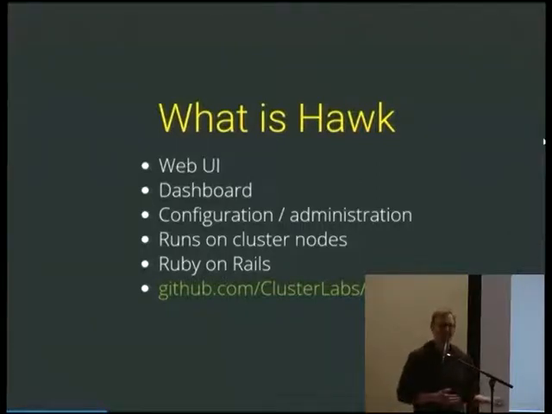It provides a dashboard or status view that you can run on a monitor in your admin room and see if everything's going well. But it can also be used to configure and administrate clusters, so you can basically set up a complete cluster using just the web interface.